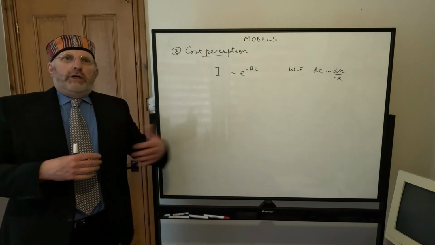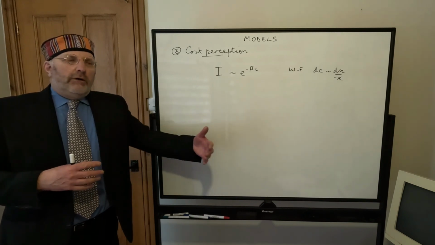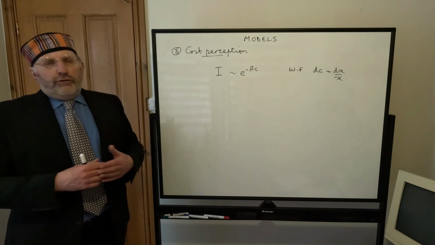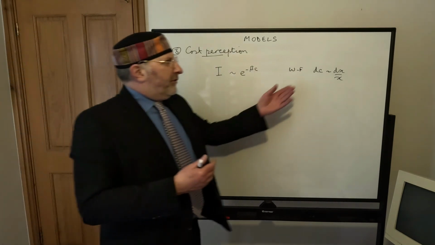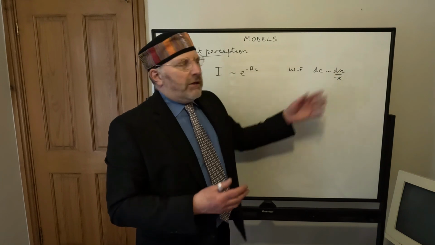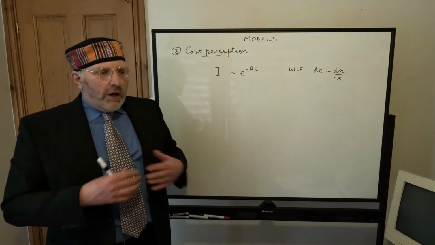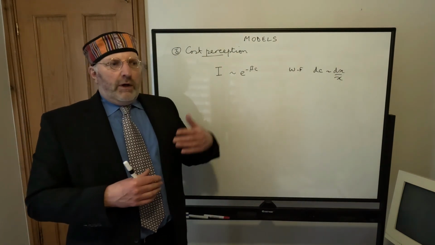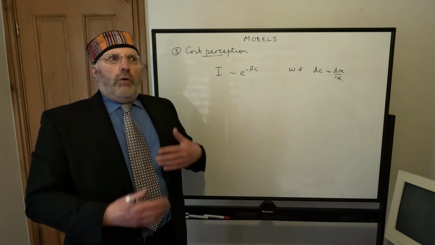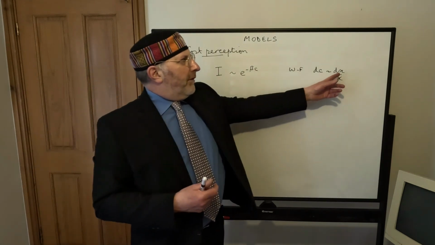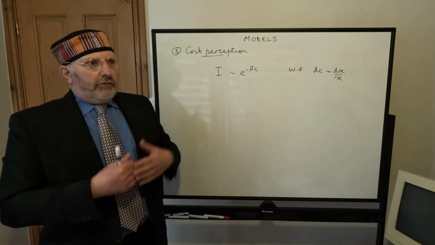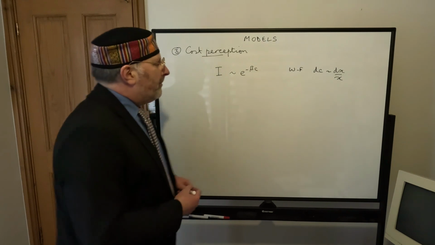But if you're going on a journey already of 100 miles, then adding an extra mile to your journey is not so much of an issue. So your perception of the cost is related to the percentage change in the distance, whether it's a 10% increase to your journey or only a 1% increase. It's not the absolute change of a mile, it's the relative change that's important.